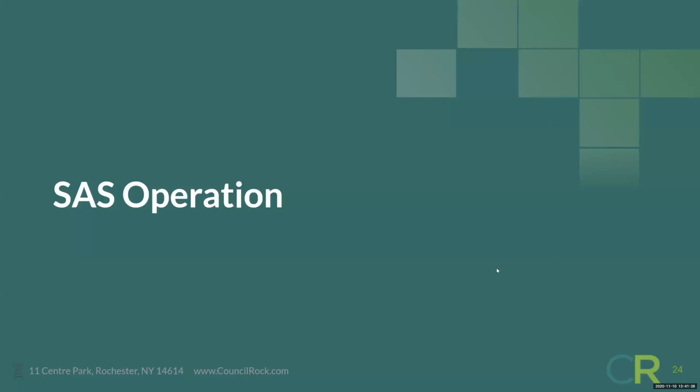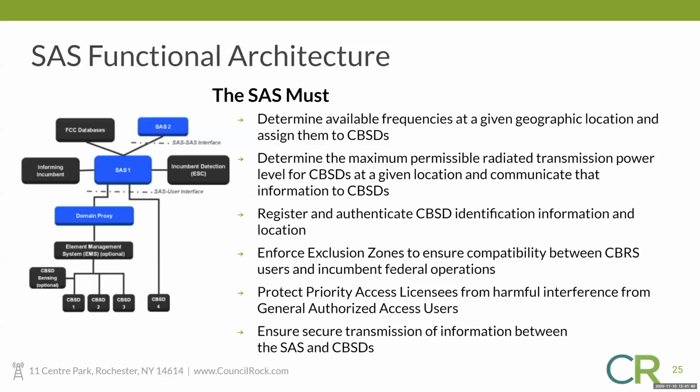Now I'm going to talk a little bit about the SAS operation and the 6 steps that are taken by the SAS to allow operation in the band. This diagram comes from the WinnForum requirements, and this is basically what the SAS is supposed to do.